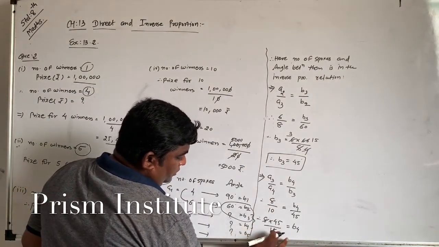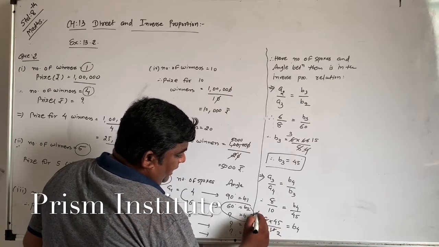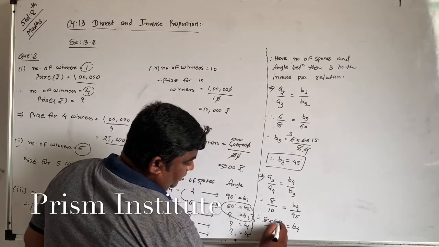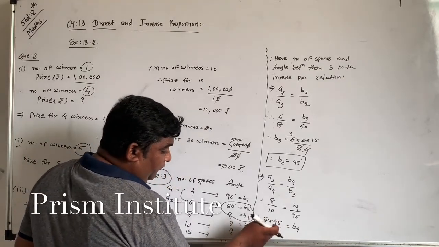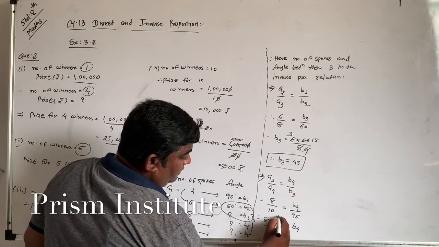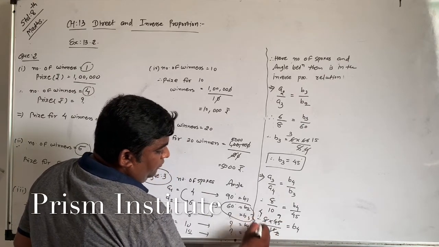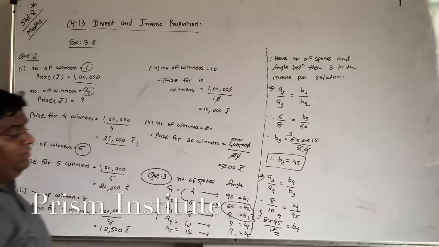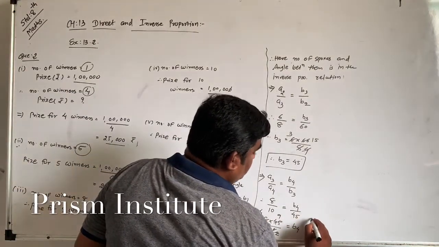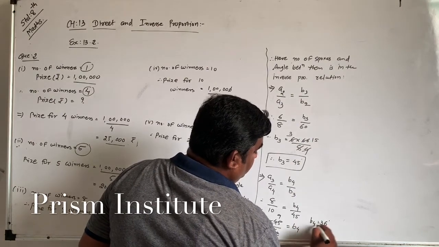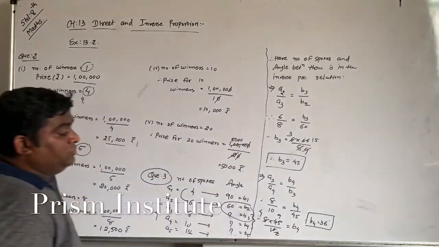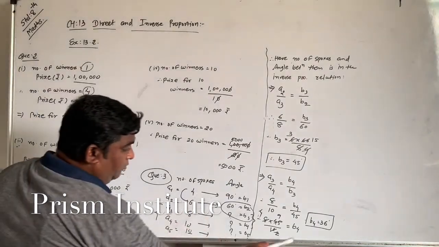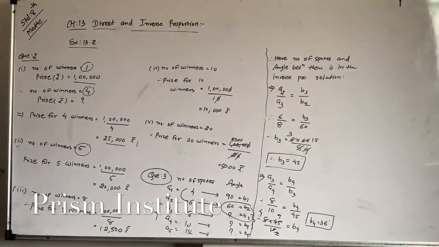Just write down cancellation between 45 and 10: 5, and that is 9. So B4 equals 9 into 4, that is 36 degrees. So if the number of spokes is 10, the angle between consecutive spokes is 36.